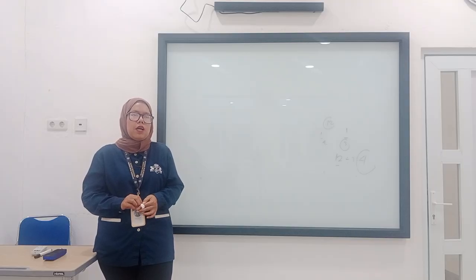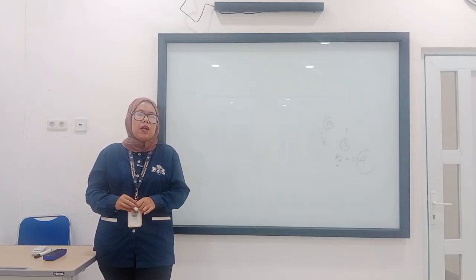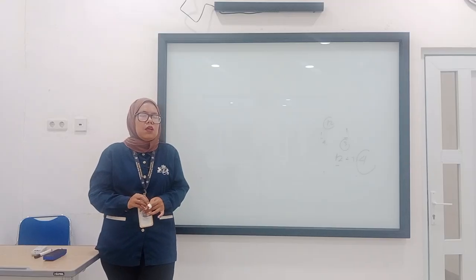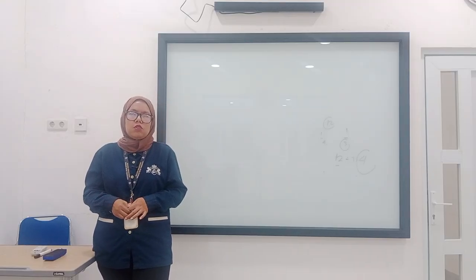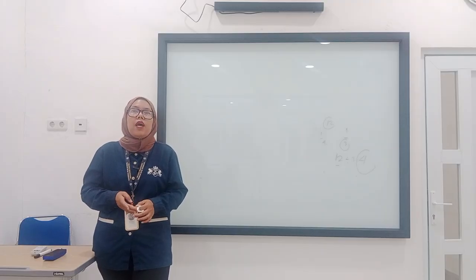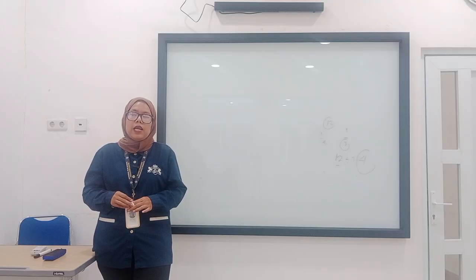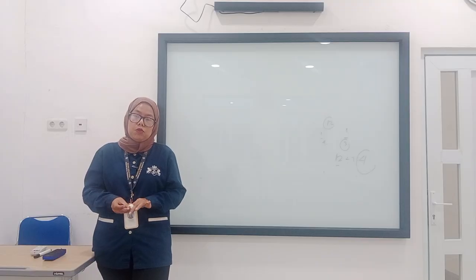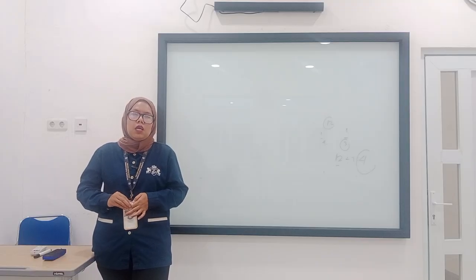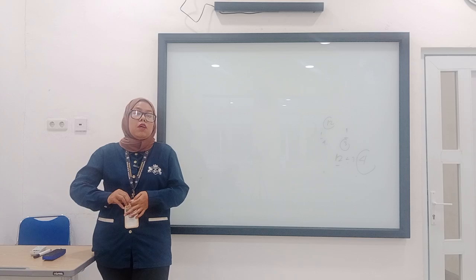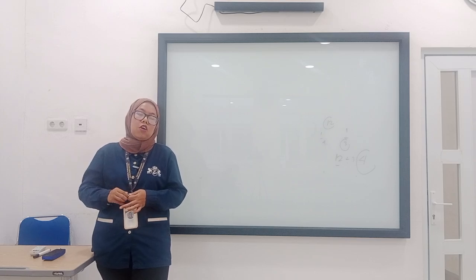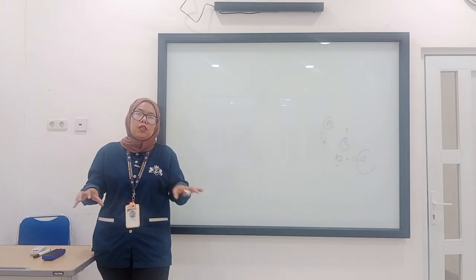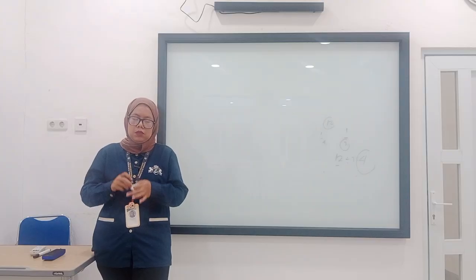For example, I have 12 balls, right? And I will make them into 3 groups. So each group will have 4 balls. These 3 groups of balls are the set of objects where I group it into several amounts of numbers.